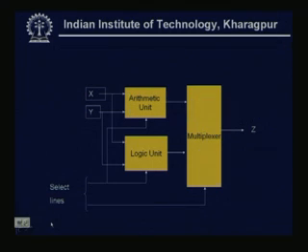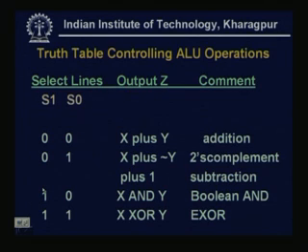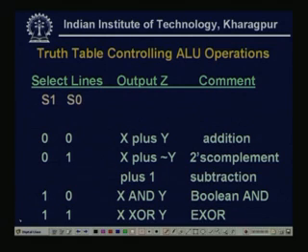So, if we see the truth table controlling the operation of this ALU, this is the truth table. My arithmetic unit consists of 2 functions. One is addition, another is subtraction, the 2's complement subtraction.